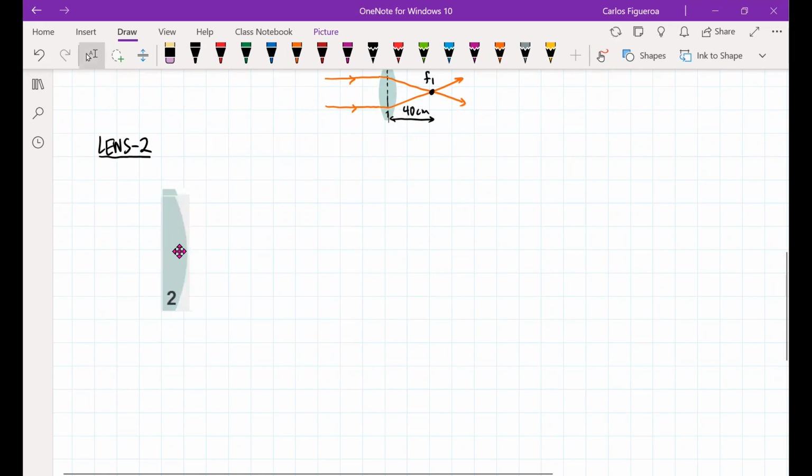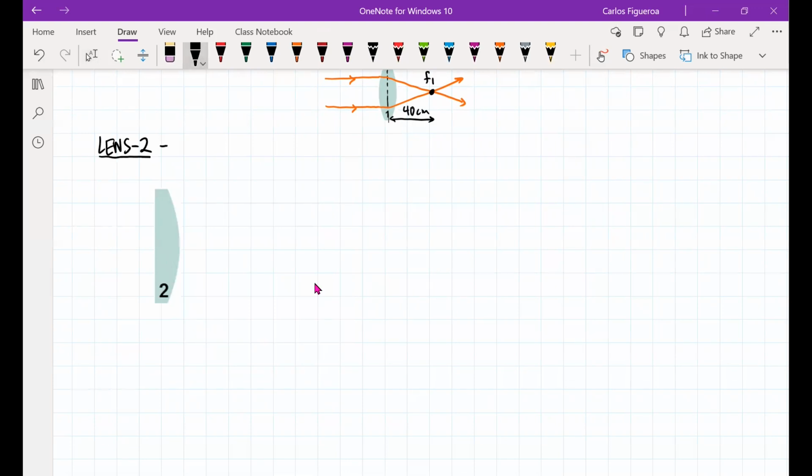What you're seeing here is that one side, the left side, the first side, is flat, which has an infinite radius.